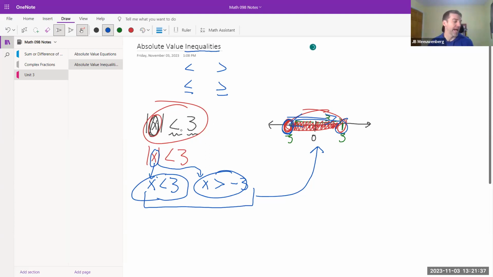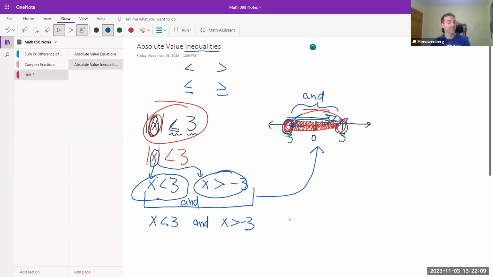And whenever we have an inequality that overlaps, when we're working with absolute values that are less than, we look at these using the word and. This and this both have to be true. X has to be less than 3, and x also has to be greater than negative 3. Any number that we pick has to make both of those statements true.